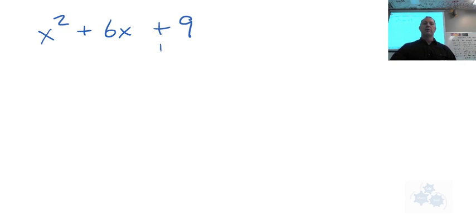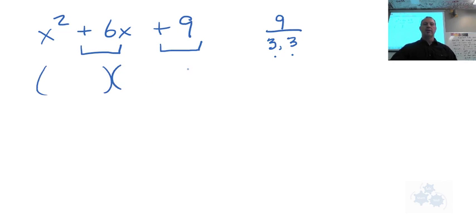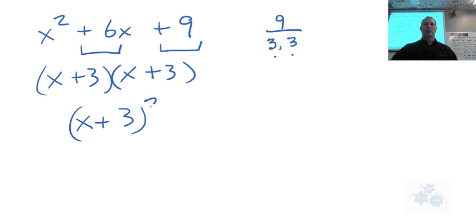You find two numbers that multiply to 9 and add to 6. If we know that 3 and 3 are the numbers, guess what? This is a perfect square trinomial because the factors are going to be (x + 3)(x + 3). That's (x + 3) all squared.